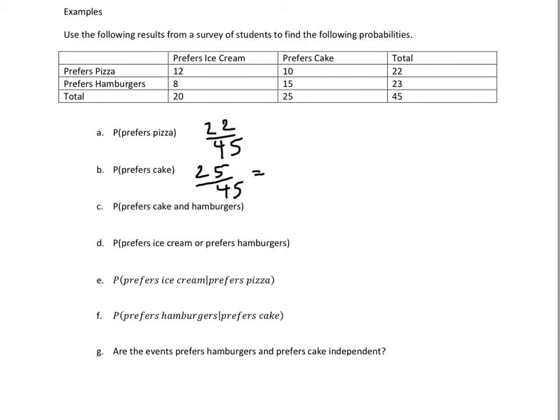That one can be reduced to 5/9. Prefers cake and hamburgers. If they prefer cake and they prefer hamburgers, that's 15 students. So 15 out of 45, which can be reduced to 1/3.